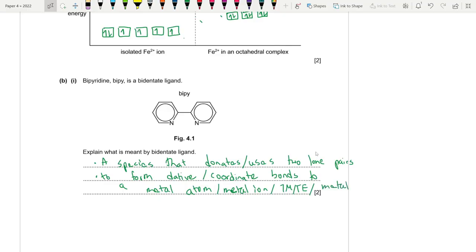Anything works, honestly. Hopefully that makes sense. This is the latest definition. We follow this.